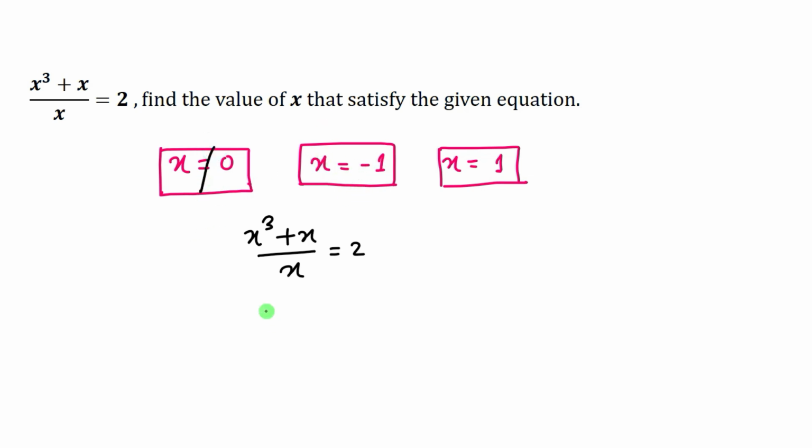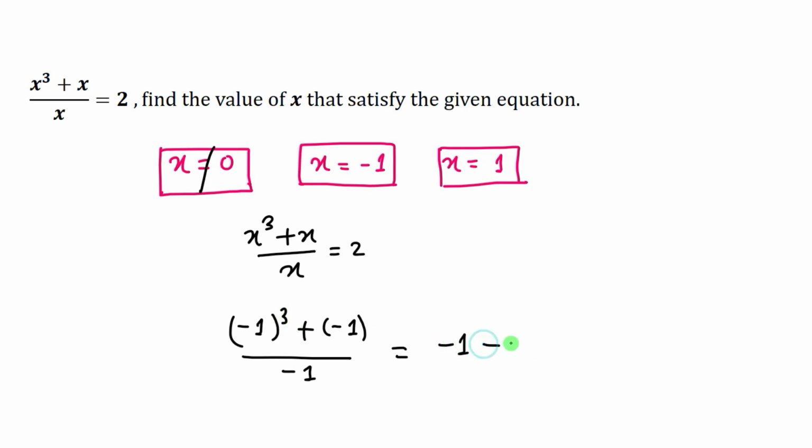Now for x equals minus 1, in order to check, I'll put this minus 1 in place of x. So (minus 1) cube plus (minus 1), divided by minus 1. Let's check whether this value is equal to 2 or not. So (minus 1) cube is minus 1, as 3 is an odd number, so the negative sign will stay.